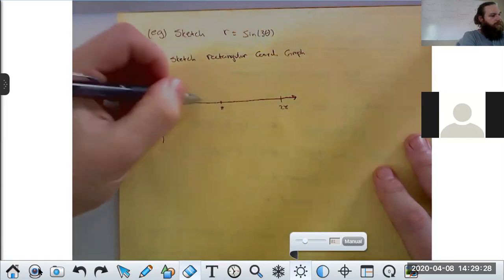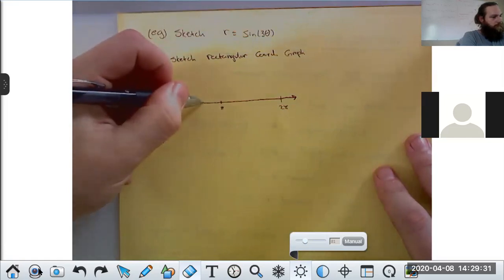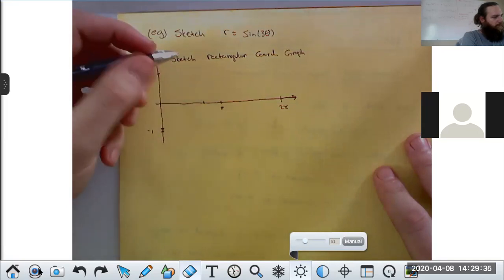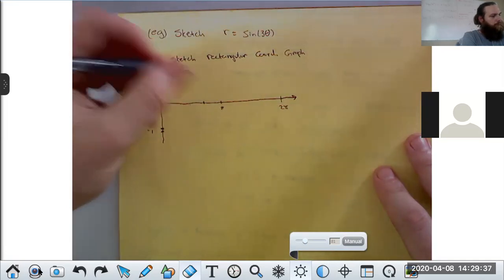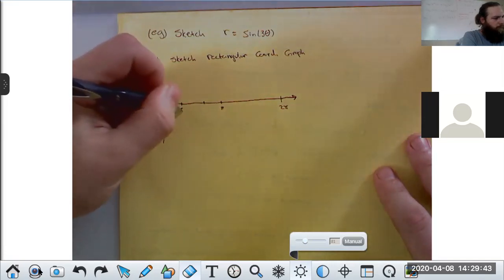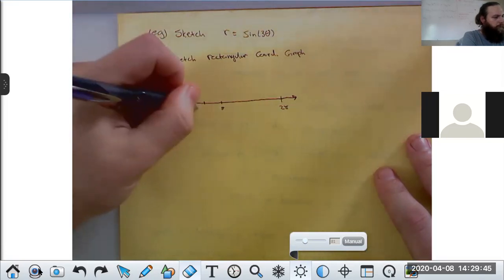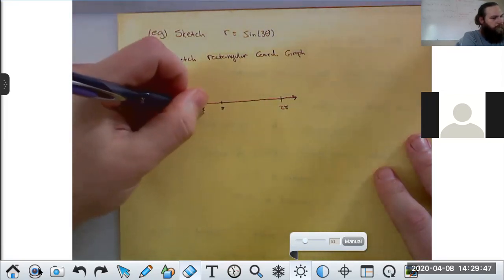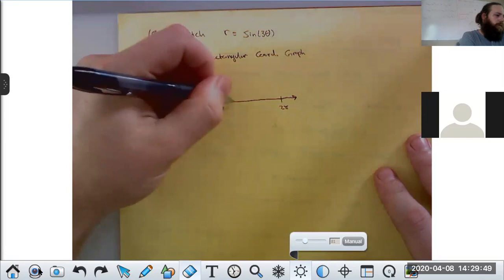So if that's half, I'm going to call this 1 pi over 3, 2 pi over 3, about like that. So I'm going to mark off multiples of pi over 3. That's 3 pi over 3.